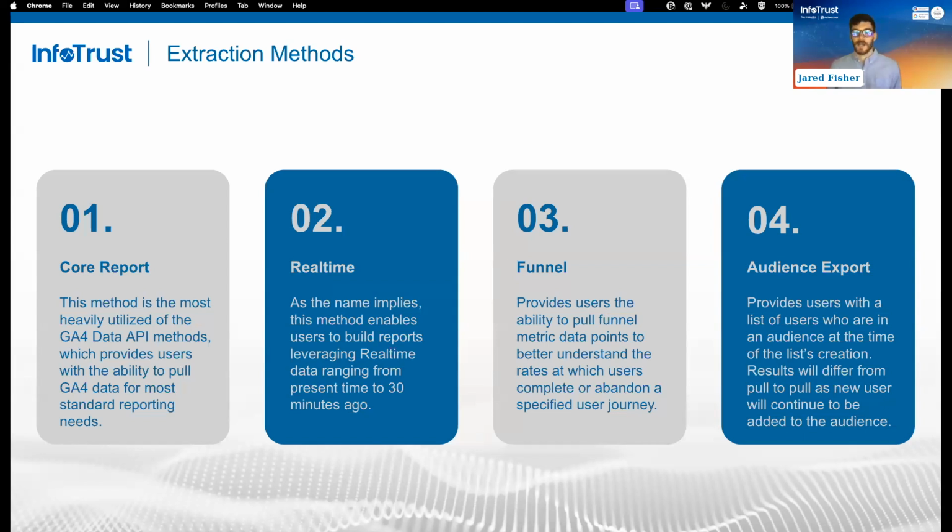And then the last one is audience export. If you're looking to get a list of users who are in an audience at one particular time, you can utilize the GA4 Data API to pull in those audiences. The big note here is that this list will continue to change.